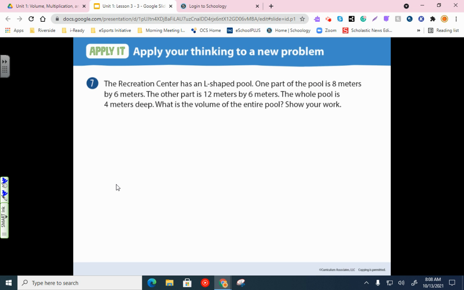But let's just break it down since we have all the numbers. Split your workspace in half. And we will do, for this one, we're going to go back to doing base times height, because I want you to get some practice with both of these different methods. All right, so one part of the pool is 8 meters by 6 meters.